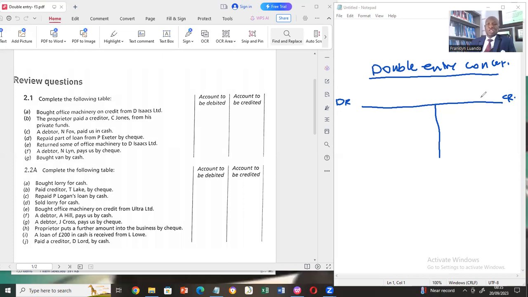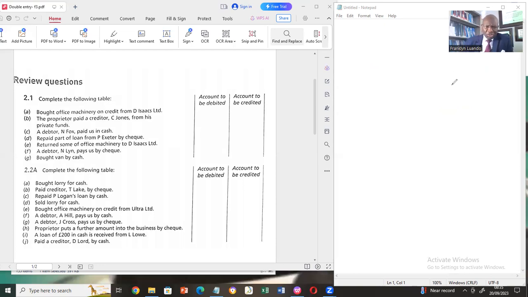So now we are going to look at the question which I'm sharing on the screen. We have the 2.1 question that we do together. We have an account to be debited and an account to be credited. Number one, bought office machinery on credit from D. Isaac Limited. Here we ask ourselves, which account is receiving and which account is giving?